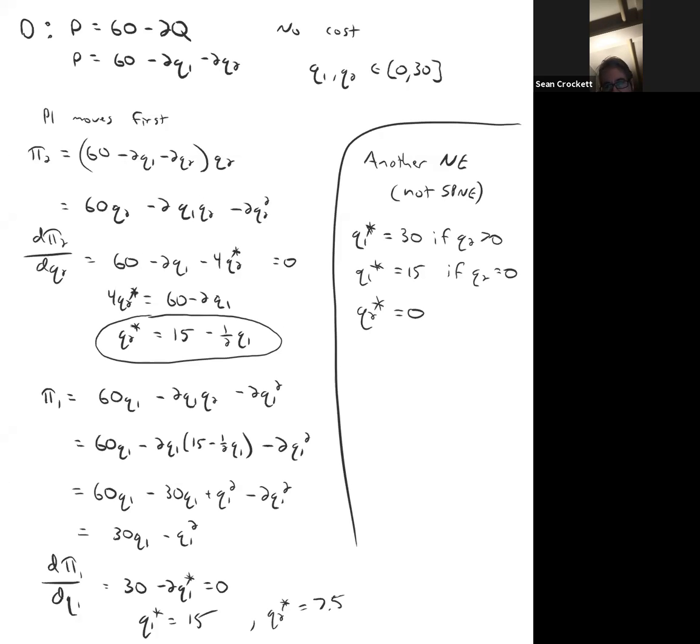Player 2 is going to choose 0. Player 1 is going to choose 15, which is the best response to player 2 picking 0. And player 2's is the best response because if player 2 picks any other number, player 1 doesn't pick 30, sorry, he picks 30 minus Q2.